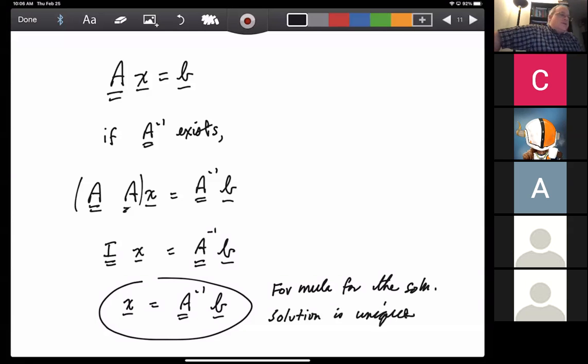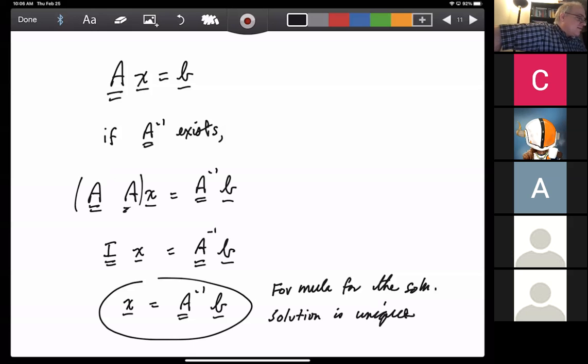Okay, so we talked a little bit previously about the structure of the solution. We saw that when you do reduce your system to RREF form, you might have a unique solution. You might have free variables and have a non-unique solution. Well, here's a way of telling whether your system is going to have a unique solution.